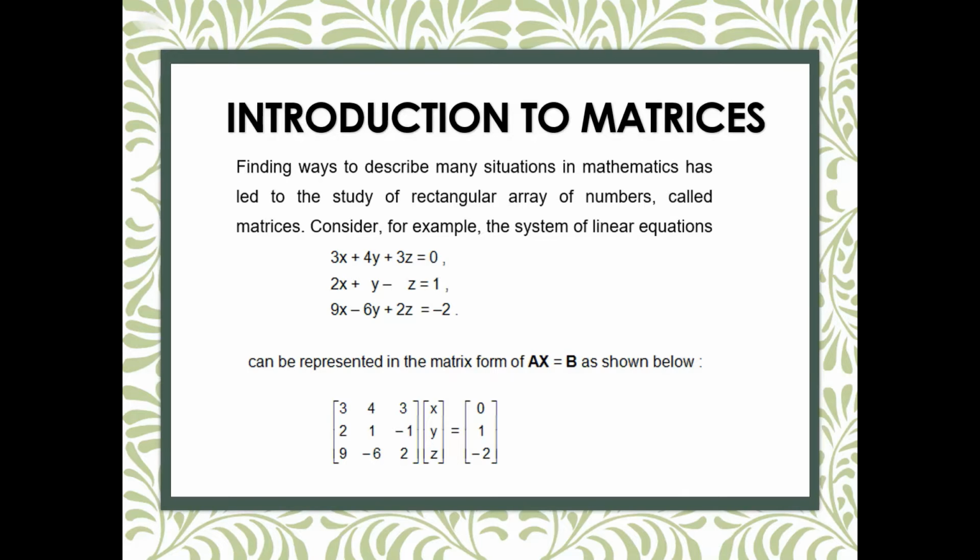Most real data problems give rise to large systems of linear equations. Finding ways to solve systems of linear equations has led to the study of rectangular arrays of numbers called matrices. Given the following system of linear equations, 3x plus 4y plus 3z equal to 0, 2x plus y minus z equal to 1, 9x minus 6y plus 2z equal to negative 2.